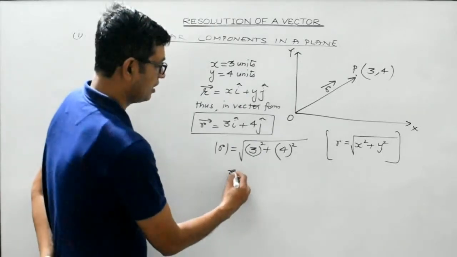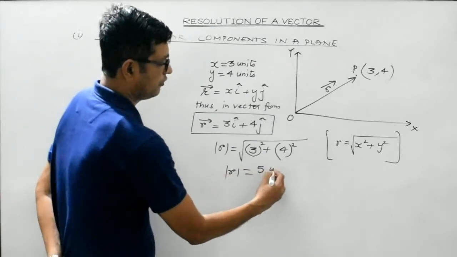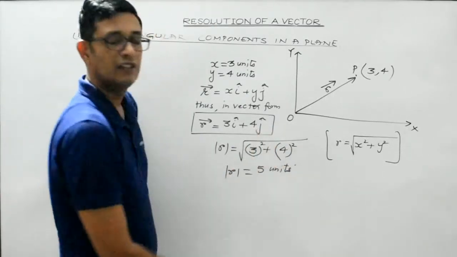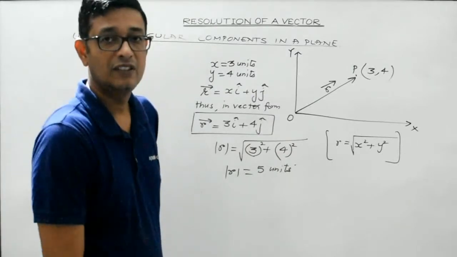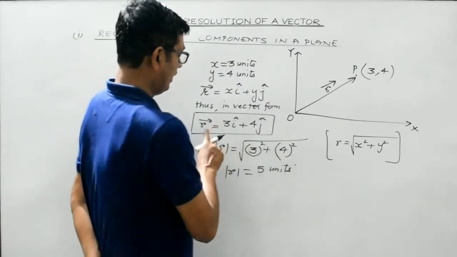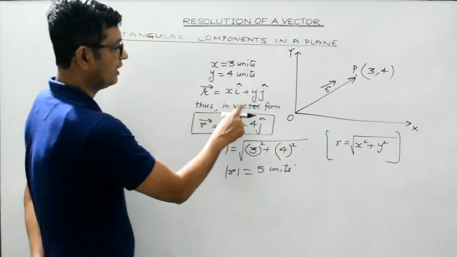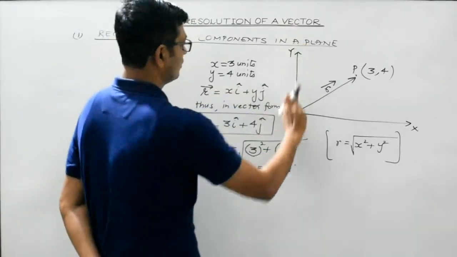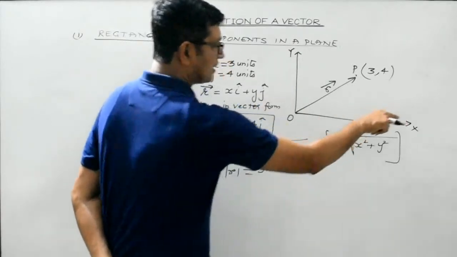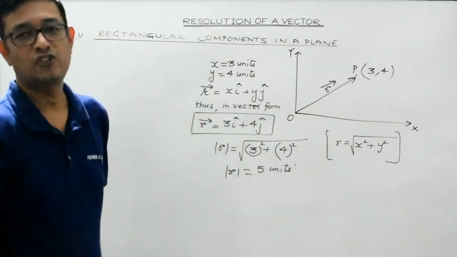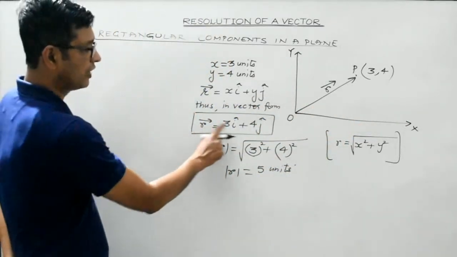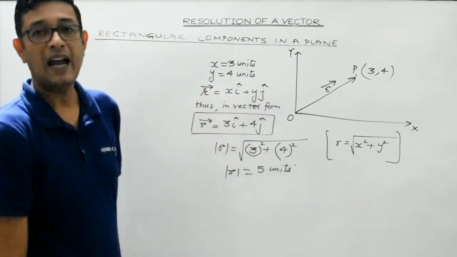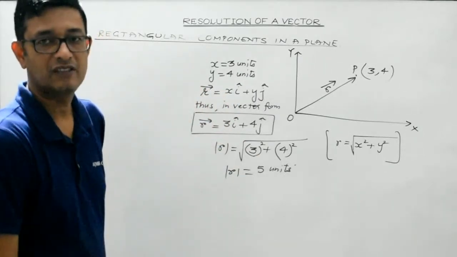So what do you get? R would be equal to 5 units. Clear, students? So x is 3i cap, y is 4j cap. The displacement along y-axis is 4j cap. The displacement along x-axis in vector form will be represented by 3i cap. And this is the position vector, and this is the magnitude of the position vector.